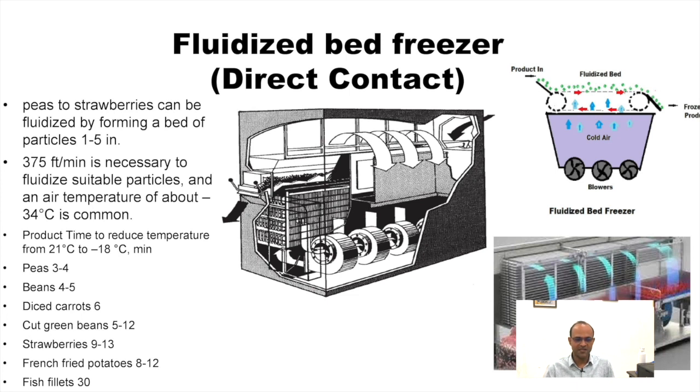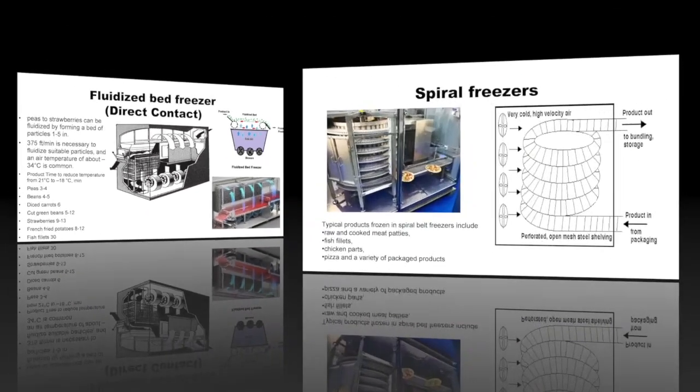Here you can see the schematic wherein the products are fed onto a meshed conveyor belt, and the air is circulated from the bottom. It fluidizes or suspends the particles in the air, and then this cold air is sent back into the evaporator, and this is how the circulation continues.